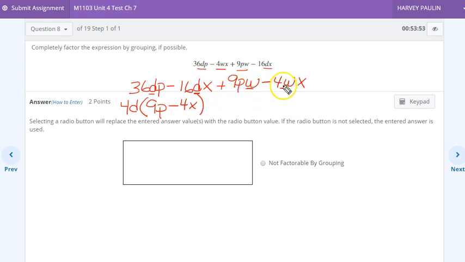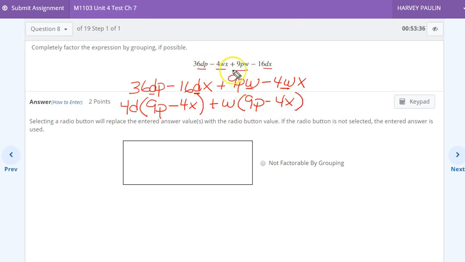Now as I look here, W is the only thing I can take out of here, but I'm left with a 9p minus 4x. Wow.